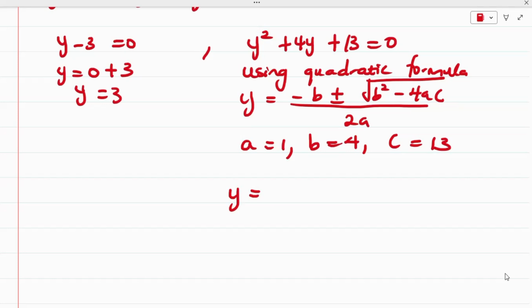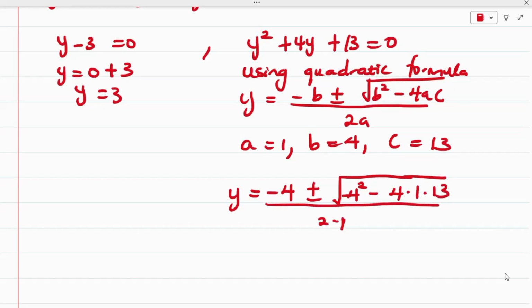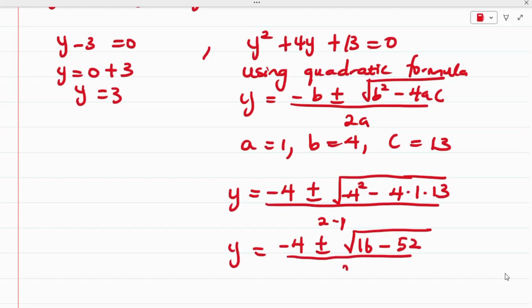So y = (-4 ± √((-4)² - 4 × 1 × 13)) / (2 × 1). So we have y = (-4 ± √(16 - ...)), where (-4)² is 16, 4 × 1 × 13 is going to give us 52, and 2 × 1 is 2.